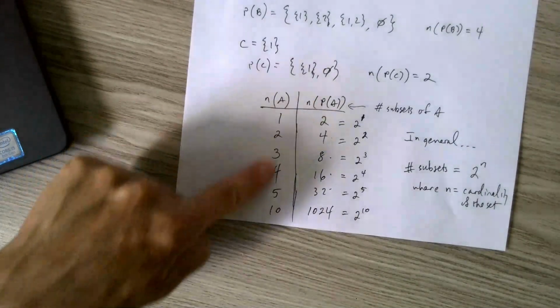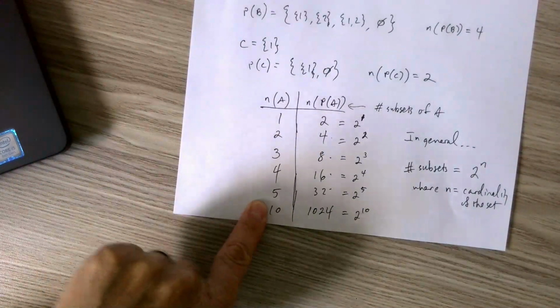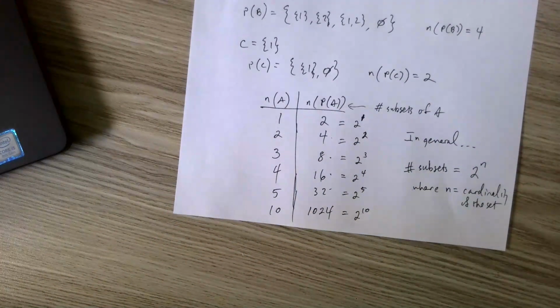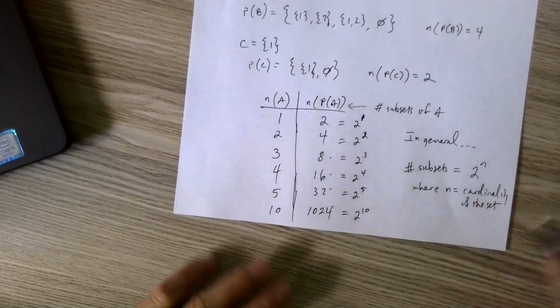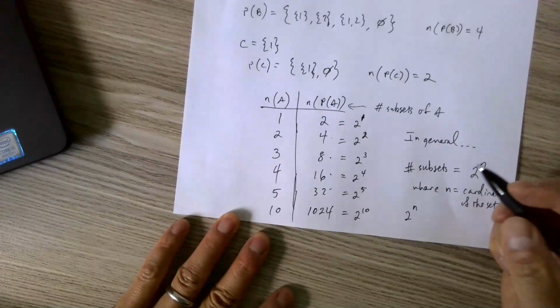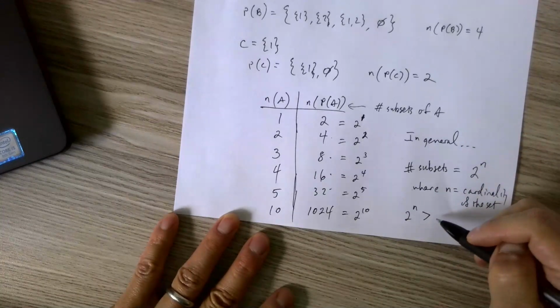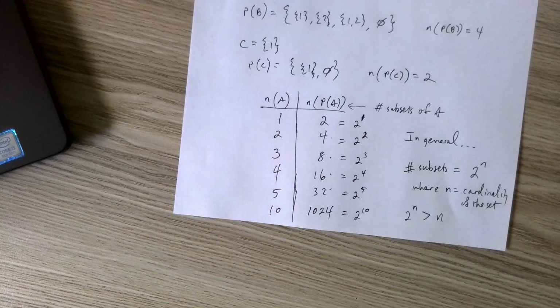So you just take the cardinality of the set, take 2 and raise it to that power, and that's how many subsets you can make from that set. And it's also true, and this point will become important in a minute, that 2 to the n is always bigger than n, assuming n is positive, which, since it's a cardinality, it will be in this case.